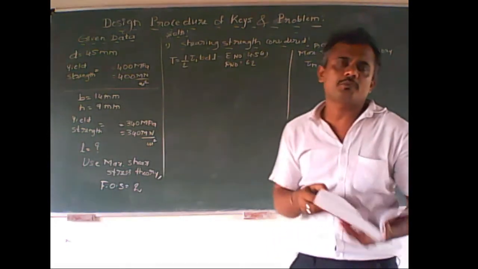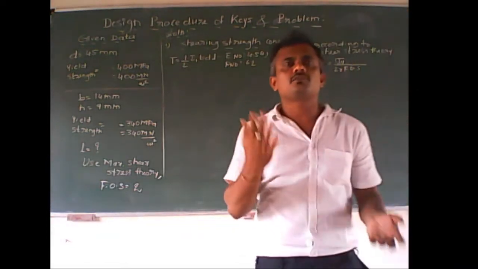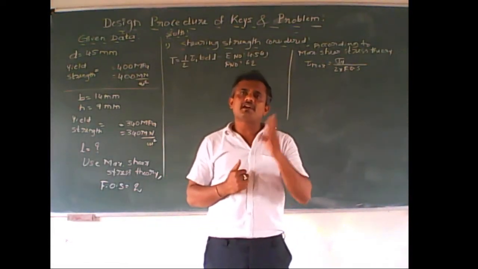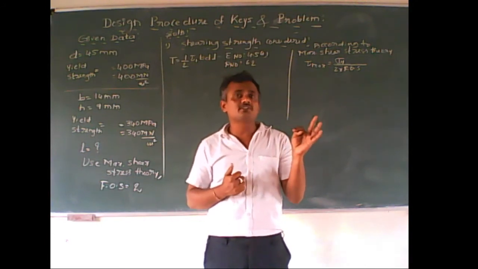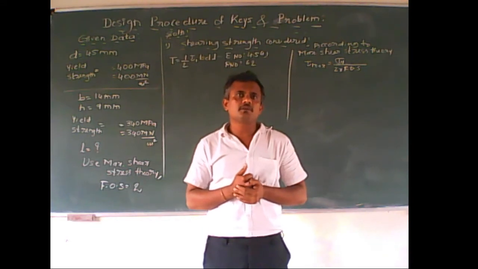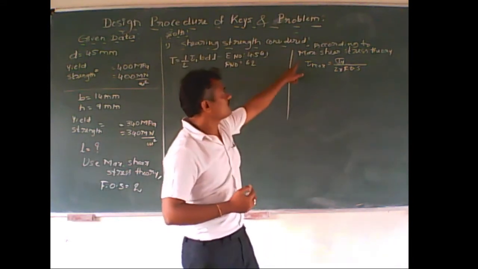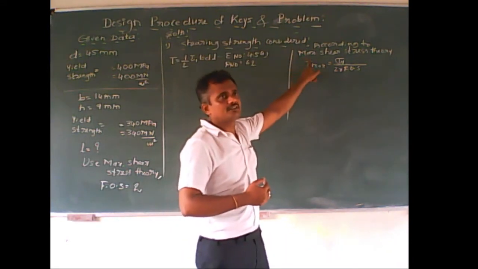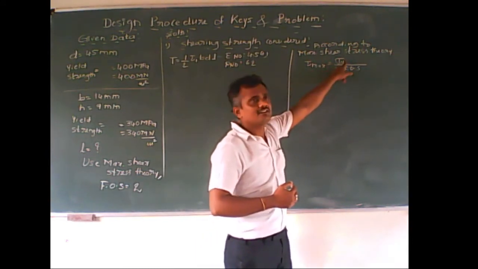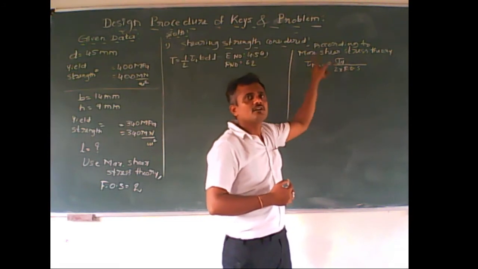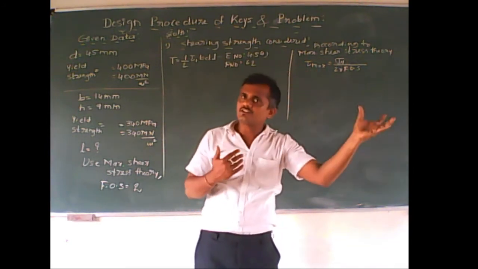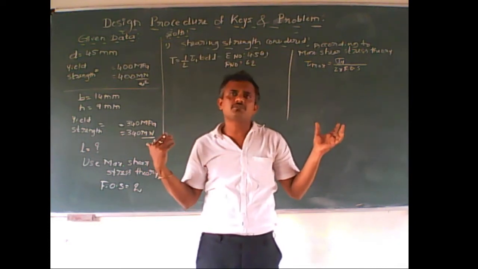Try to remember this, because for designing a shaft, different types of theories are there: maximum shear stress theory, maximum shear strain theory. This is one of the theories called maximum shear stress theory. Here it is a crushing stress, sigma, from which we can calculate a shear stress. Shear stress and crushing stress are different.